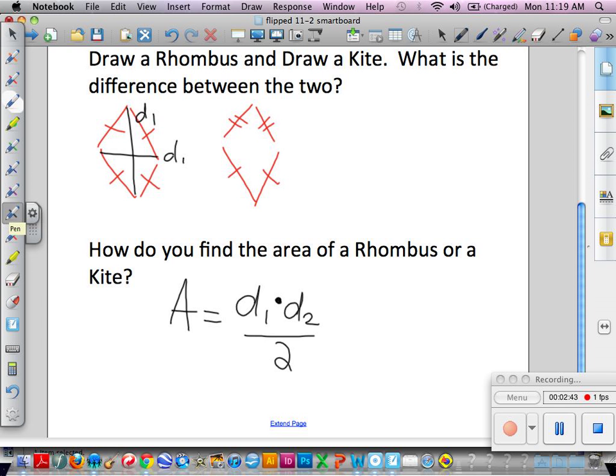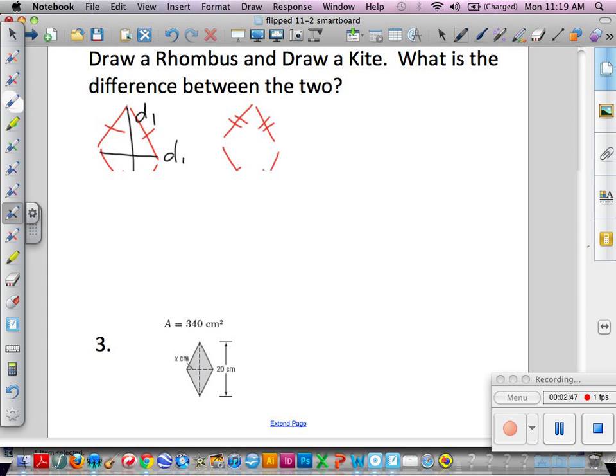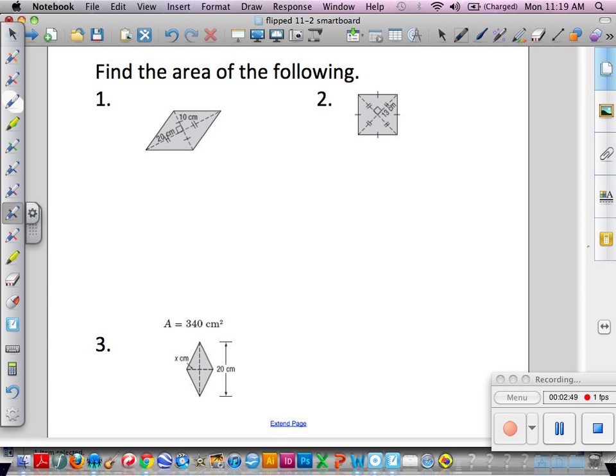All right, let's take a look at our examples now. In example number 1, they ask us to find the area, and it looks like I have a rhombus, so I need to take my D1 times my D2 divided by 2. This is 20 here, so my whole diagonal is going to be 40.